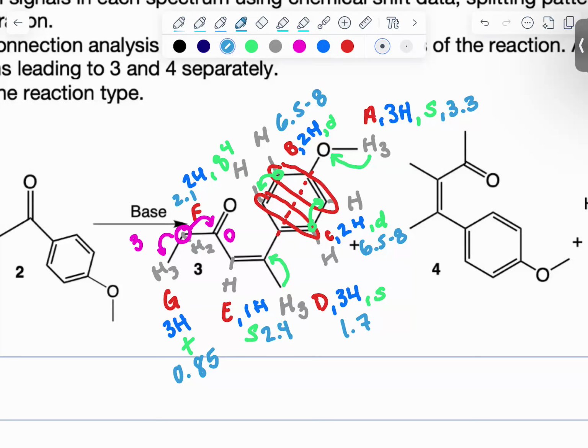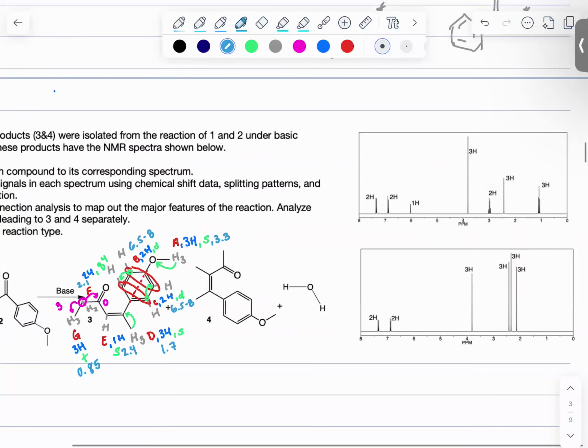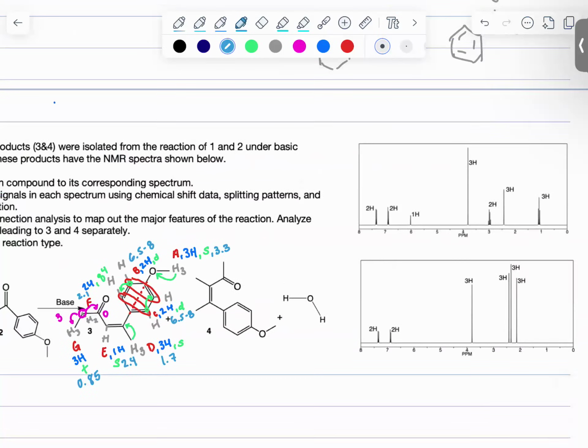So now that we have this molecule completely annotated, we can look at our NMRs. Which NMR, the top or the bottom one, better matches what we've just annotated compound 3 as?